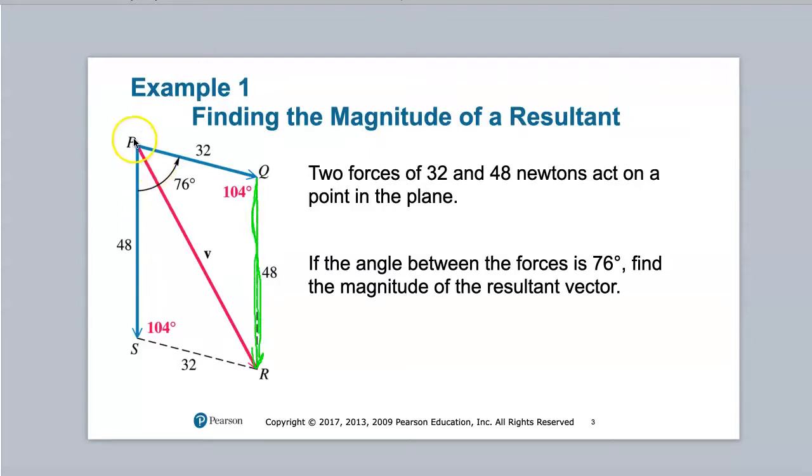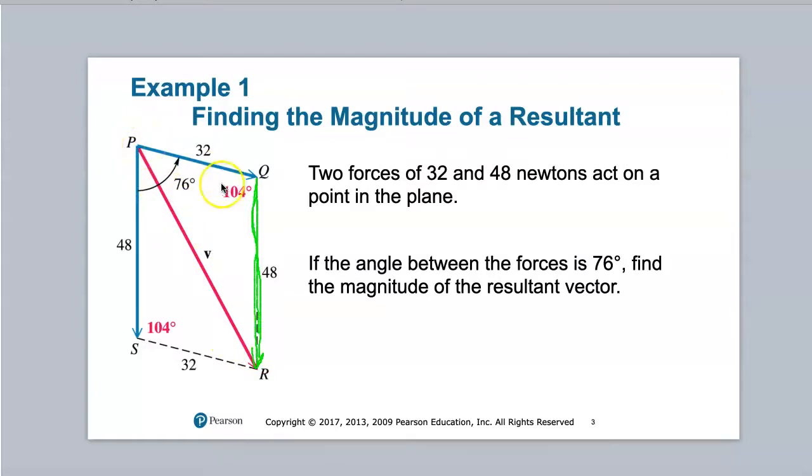And so you still see that you have a head-to-toe, start-to-end connection between the two vectors. Here you have a force of 32 and a force of 48, and you're trying to find this vector v, which is the resultant vector. The resultant vector is the sum of the two vectors.